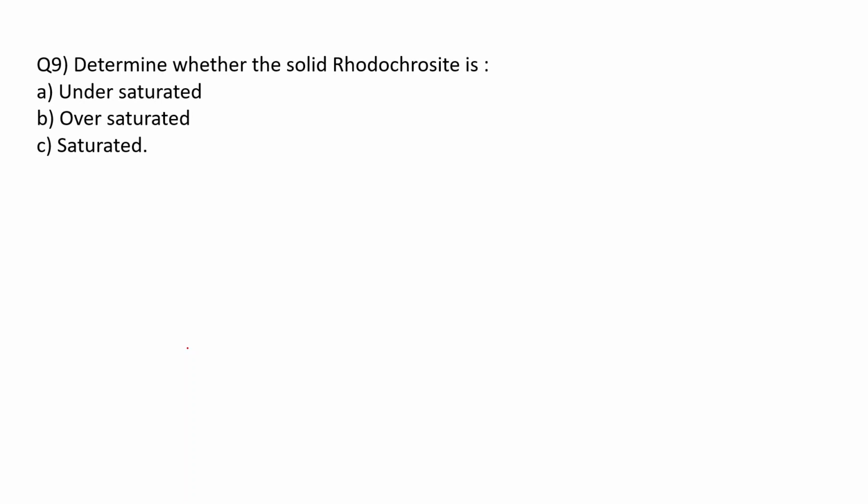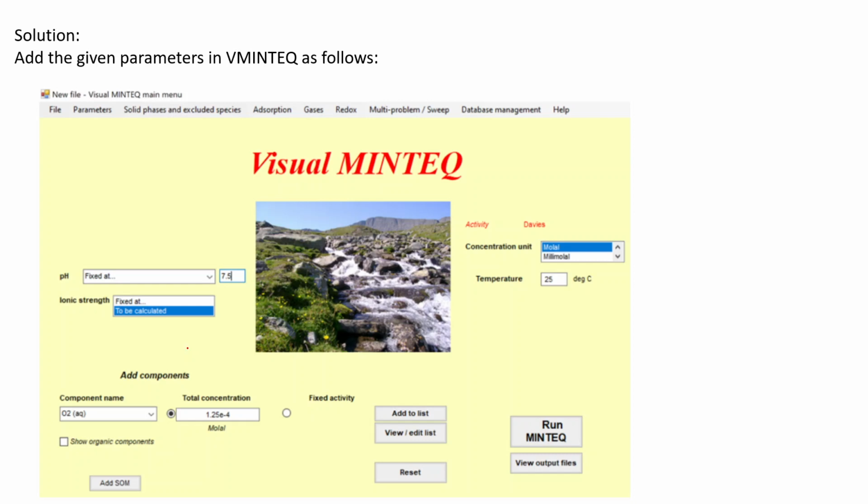Question number 9 is: determine whether the solid rhodochrosite is oversaturated, undersaturated, or saturated. So, the solution is that the rhodochrosite is oversaturated. Visual MINTEQ will be used to solve such questions. We'll see the solution. So first of all, we'll add the given parameters in Visual MINTEQ. We are fixing the pH at 7.5.